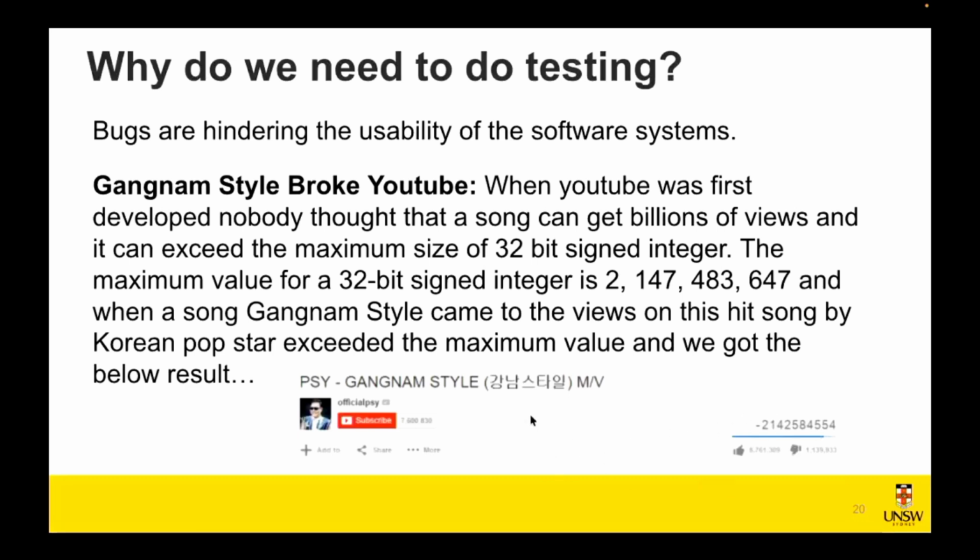So this is somehow disruptive. And do you know how they fixed this bug? Actually, it's very simple. They just use a 64-bit integer to store the value, so it's solved.